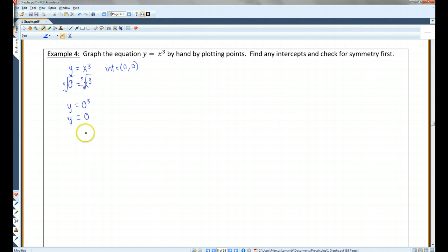If we want to test to see if it's symmetric with respect to the x-axis, I'm going to plug in a negative y here. Nope. Let's plug in a negative x. Nope. Let's plug in negative x and negative y.